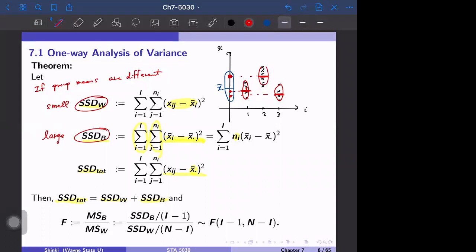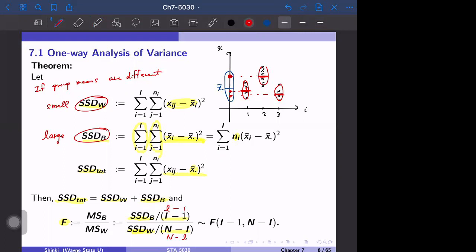The definition of this F statistic is basically SSD between over SSD within. But we need some adjustments: we divide SSB by L minus 1 and SSDW by N minus L. It is a little bit difficult to distinguish 1 and L, so be careful: N minus L, and L minus 1.